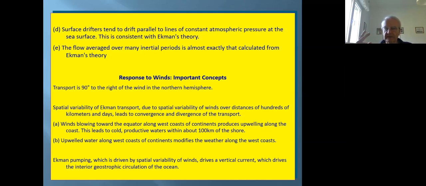One is the surface current, the steady wind-generated current, which is 45 degrees to the right-hand side of the wind in the northern hemisphere, looking downwind. Transport, on the other hand, the water transport in the surface Ekman layer, is at 90 degrees to the right-hand side of the wind in the northern hemisphere. So these are the two important concepts.